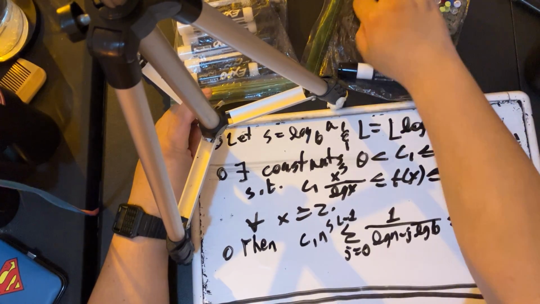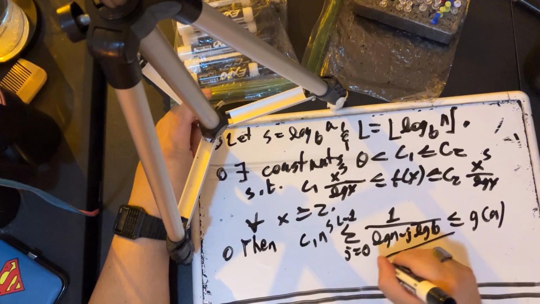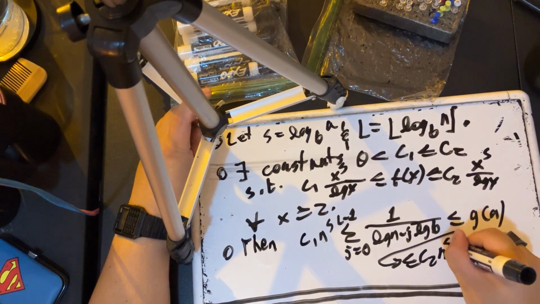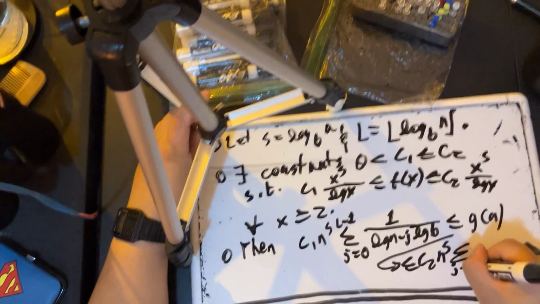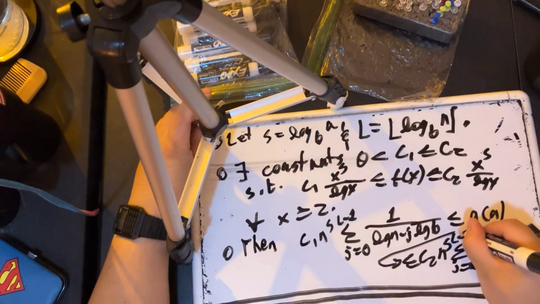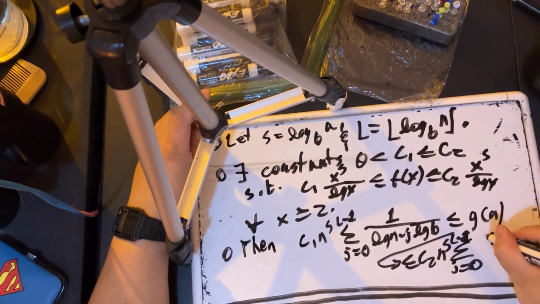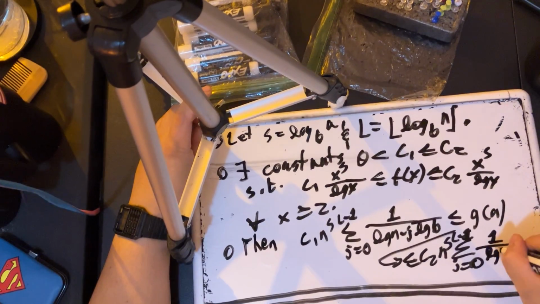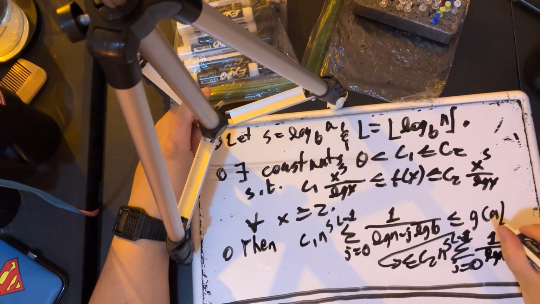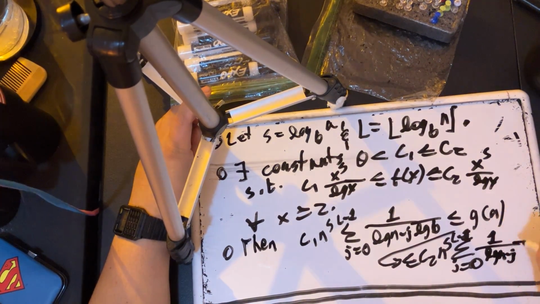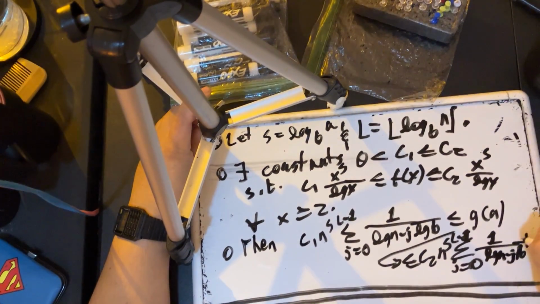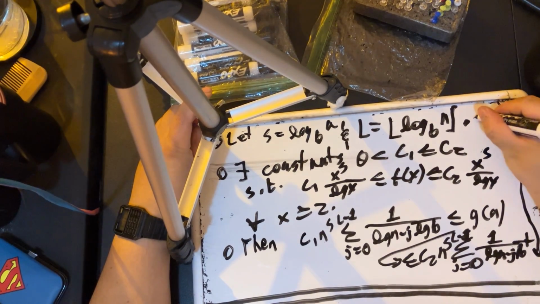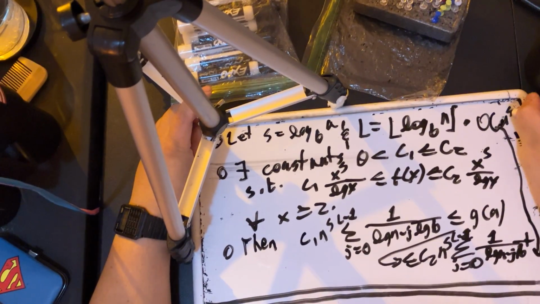Well, that this is less than or equal to c sub 2 times n to the s times the same summation, summation from j equals 0 to L minus 1 of 1 over log n minus j log b, plus, this is going to be, hate running out of space, it's so annoying, big O of n to the s.